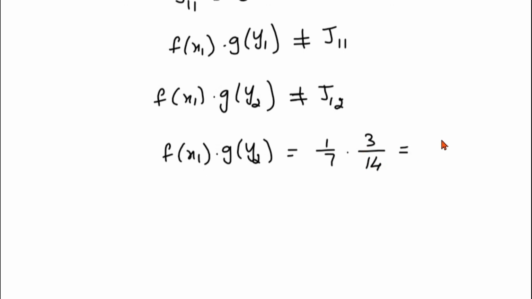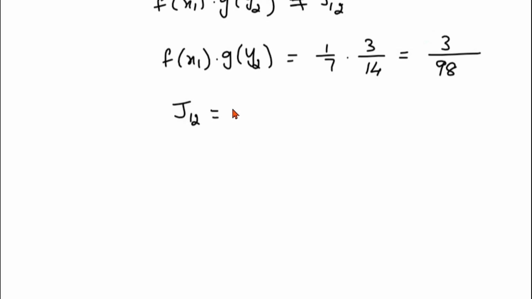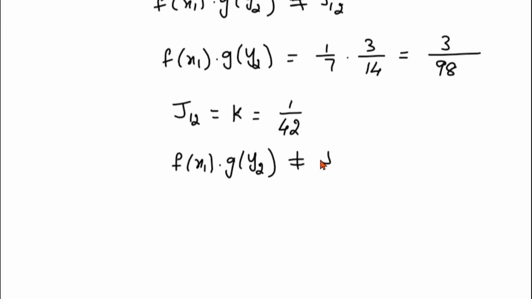This value will be 3 by 98. Now check the value of g12 from the table. g12 is k, but k is 1 by 42. So once again you can verify that f of x1 into g of y2 is not equal to g12. You can check for each of the values.